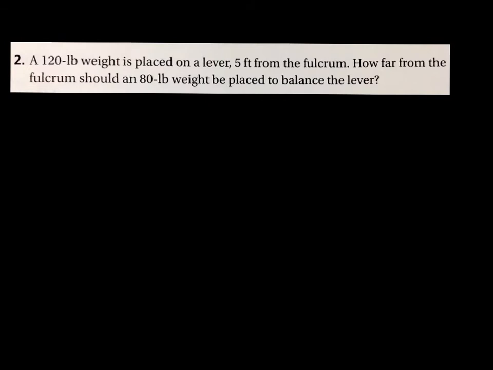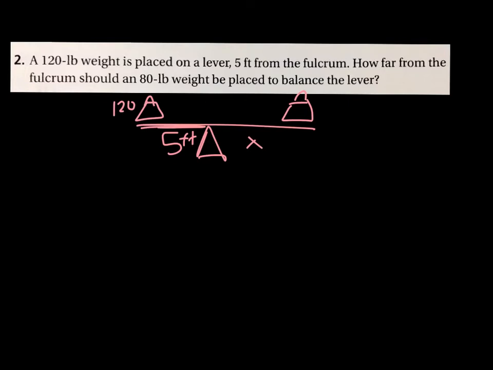Okay, so now I've got a 120-pound person. No, I've got a 120-pound weight 5 feet from the fulcrum. How far from the fulcrum should an 80-pound weight be placed to balance the lever? So I need to know x here. So this one's 120, and this one is 80.